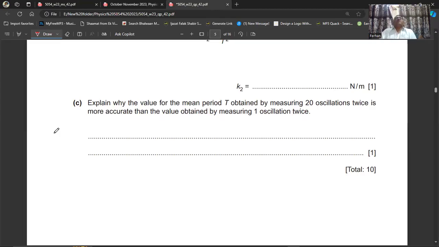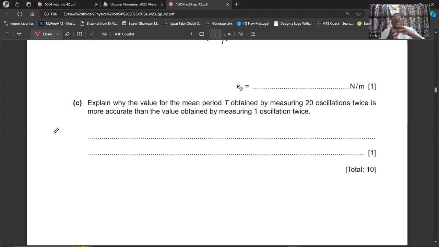When you are using a stopwatch, you have to start the stopwatch and stop the stopwatch. If you directly try to measure the time for one oscillation, because that time is very short, whenever you start and stop the stopwatch, the human reaction time is involved in this.